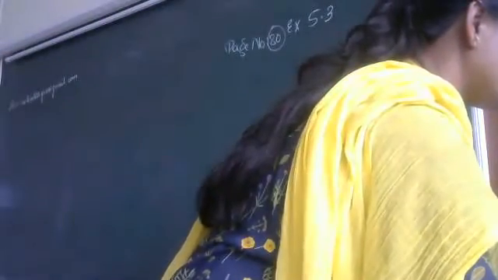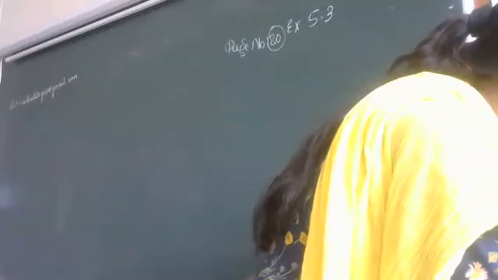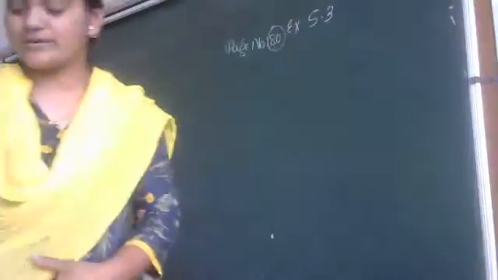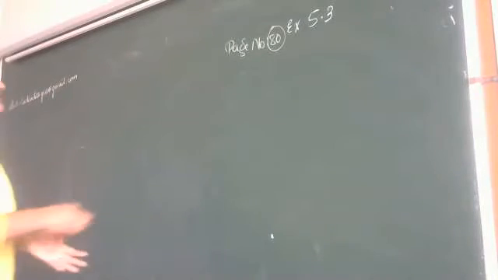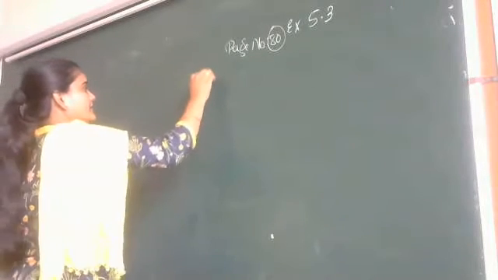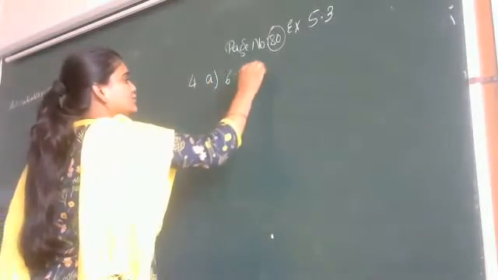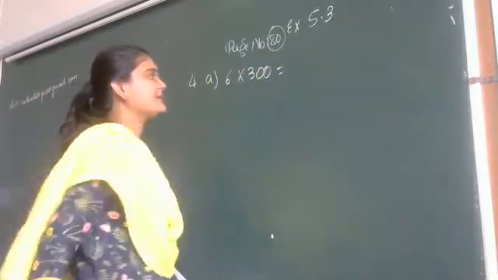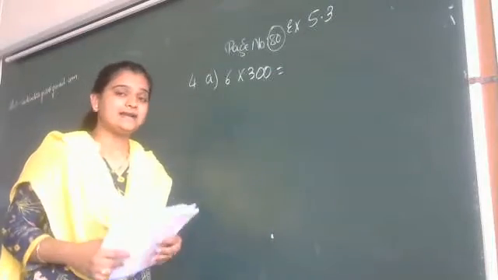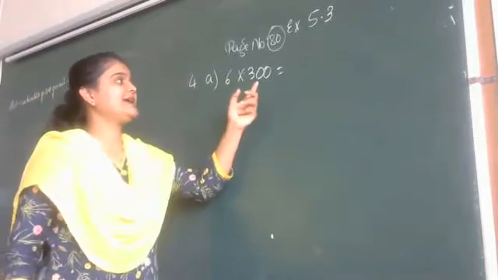The third question, write the product of each of the following. Fourth question, 6 into 300. Now tell me, is it multiplying by hundreds or tens? 300 we have.